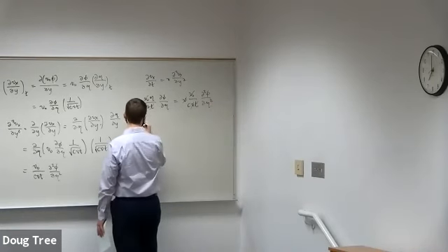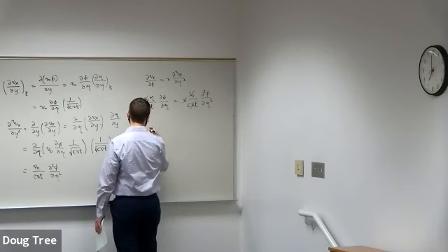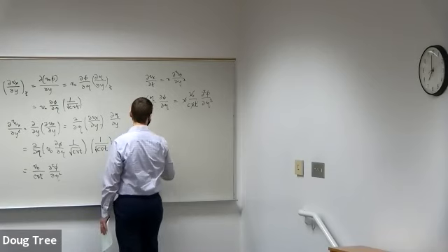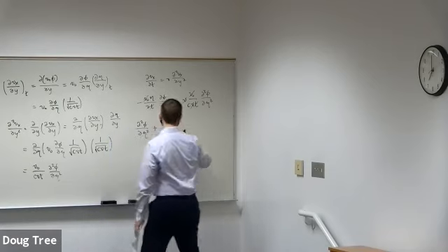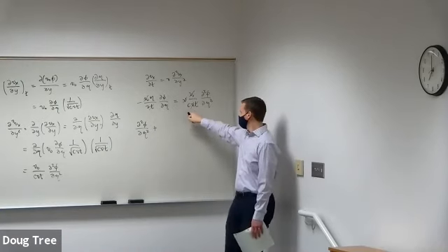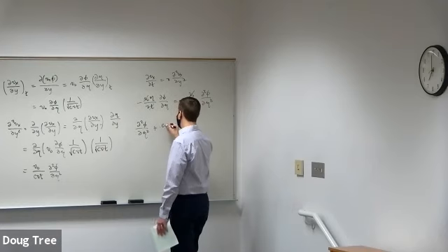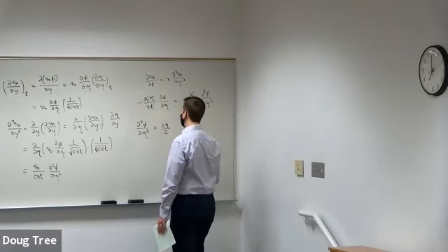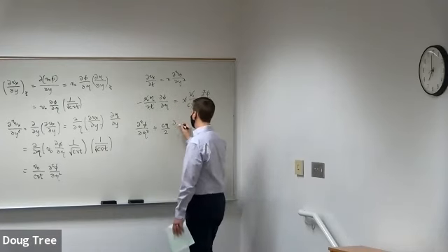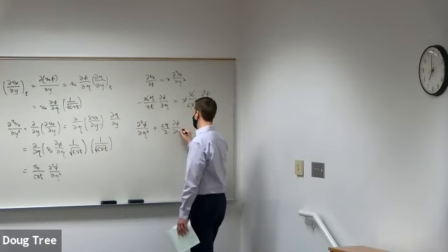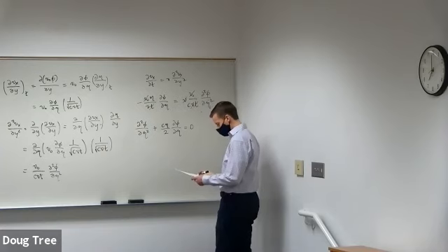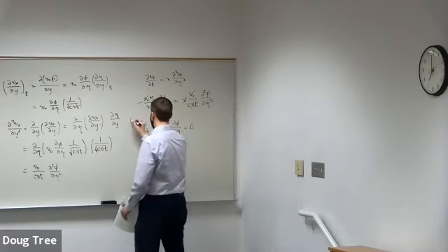So now I have d squared phi d eta squared plus, I'm going to multiply both sides by c, since c is the only thing left in the denominator. So I get c eta over 2 d phi d eta is equal to 0. Phew, okay, we did it.